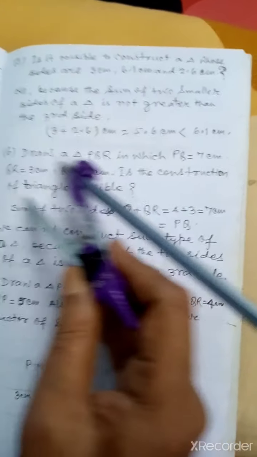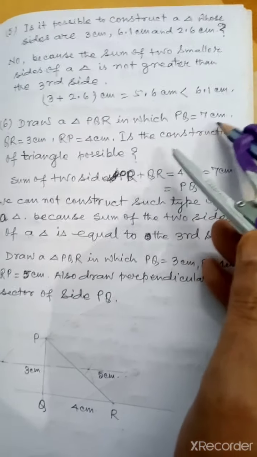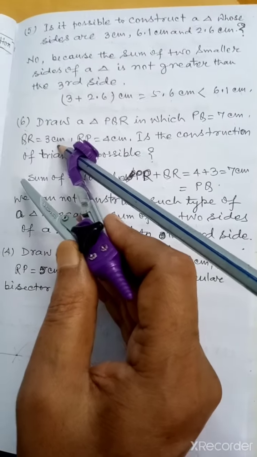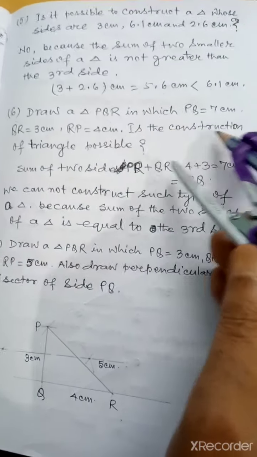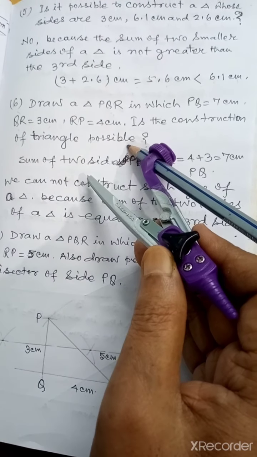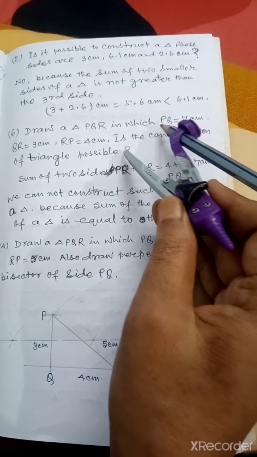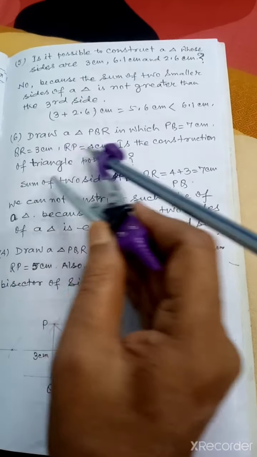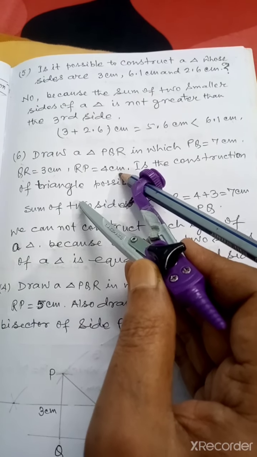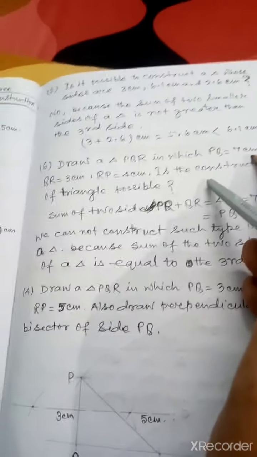Now question number 6. Draw a triangle PQR in which PQ equal to 7 centimeter, QR equal to 3 centimeter and RP equal to 4 centimeter. Is the construction of the triangle possible? No, because the sum of two sides of a triangle, that is QR plus RP equal to 3 centimeter plus 4 centimeter equal to 7 centimeter, which is equal to PQ equal to 7 centimeter.